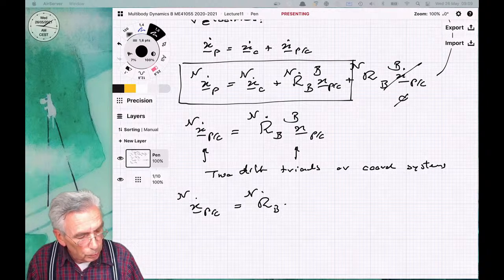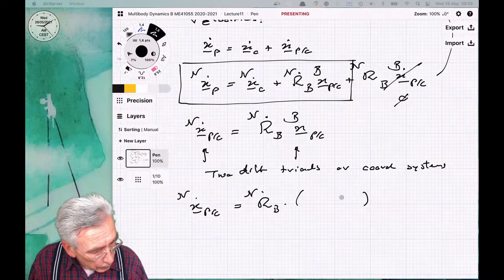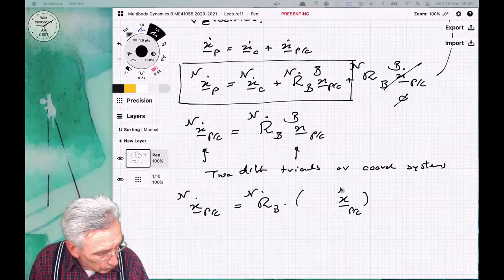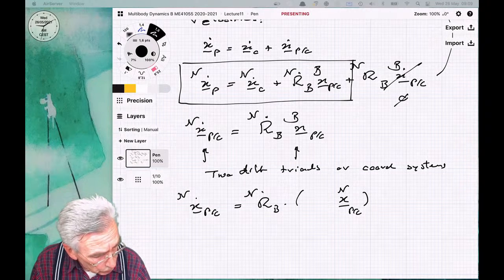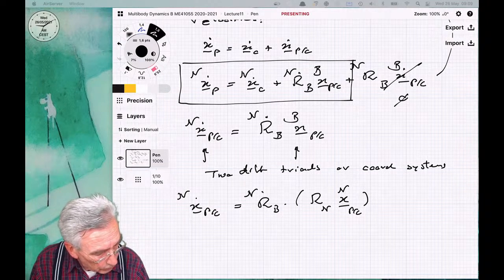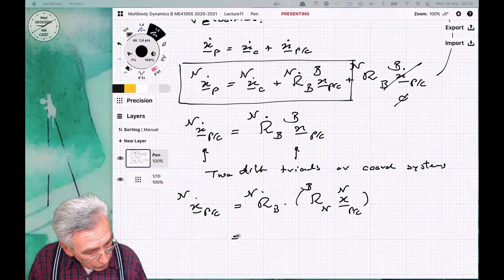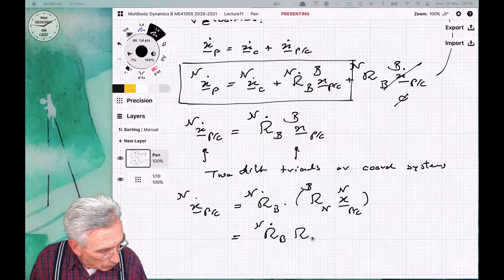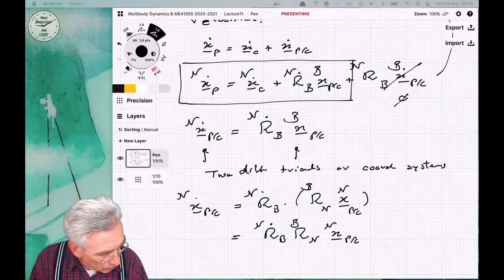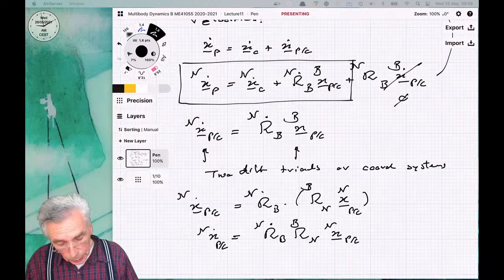And now I want to express this one in the inertial frame, meaning I need the vector in the inertial frame, but here it has to be in the body fixed frame, right? So I have to use a transformation matrix, and that goes like this. Then if we collect the terms, I have this guy, and this guy, and then this guy. So now I have my expression of my velocity of point P relative to C.